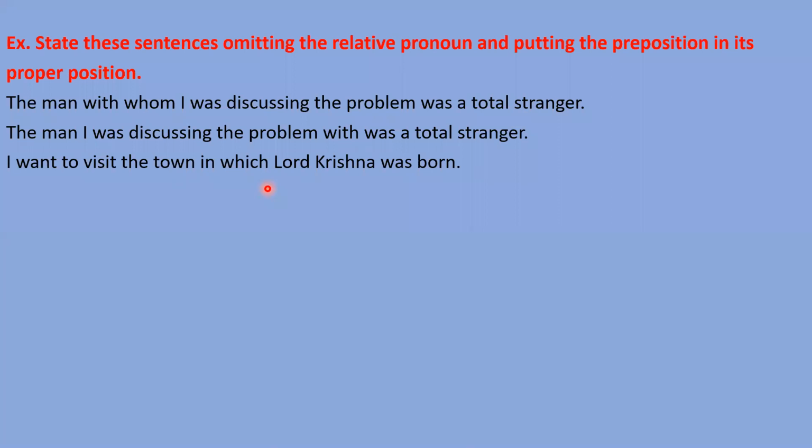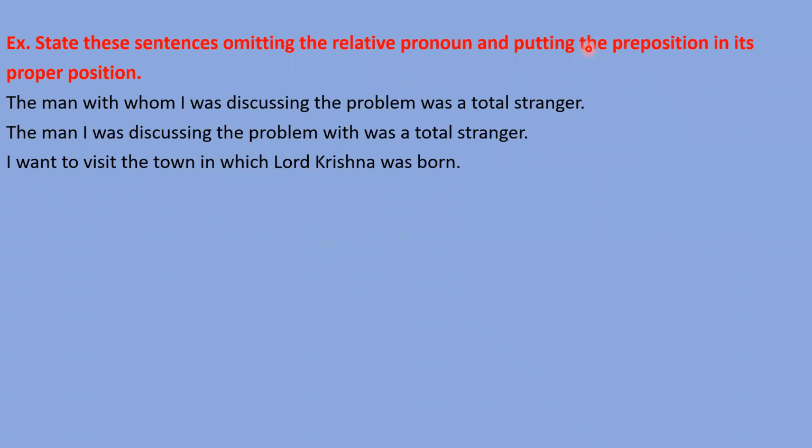Next, I want to visit the town in which Lord Krishna was born. So you have to remove the relative pronoun here. So how will you say this sentence? Who will let me know? Ekansh, you please tell me. Ekansh, how can you say? I want to visit the town in Lord Krishna was born. इनकी पोजीशन वो चेंज करो.